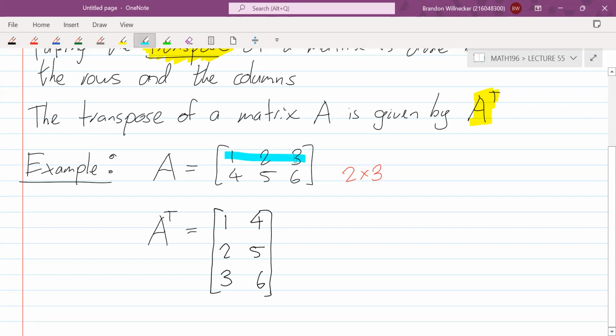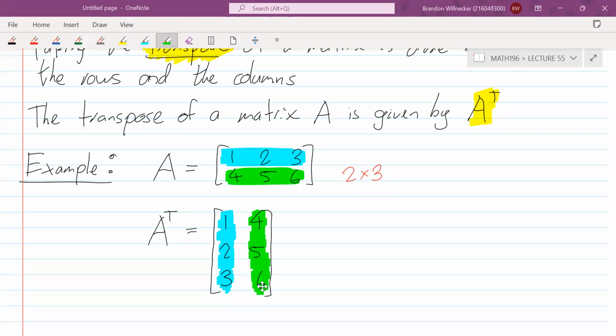Okay, so we took this row 1, 2, 3. It then became the first column 1, 2, 3. The second row 4, 5, 6 becomes the second column 4, 5, 6. So now we see that this matrix is a 3 by 2 matrix. So you see that the rows and the columns swapped.